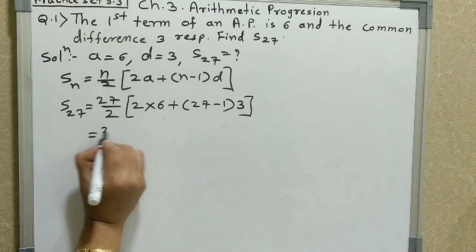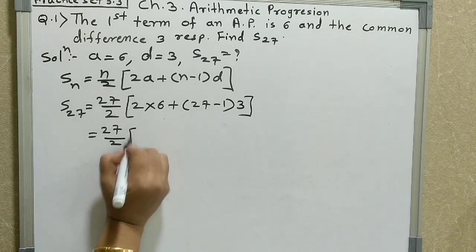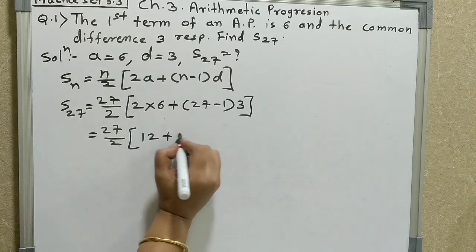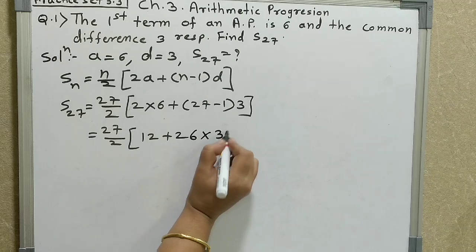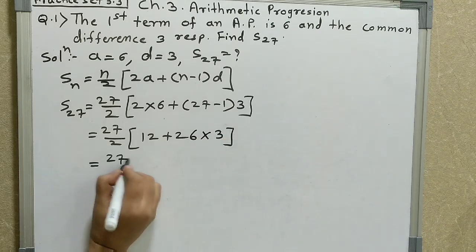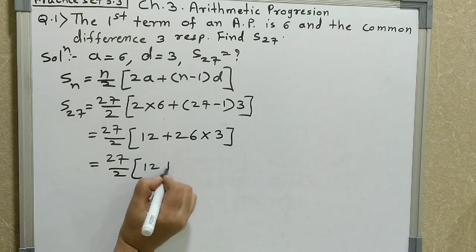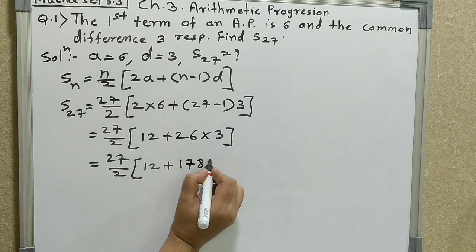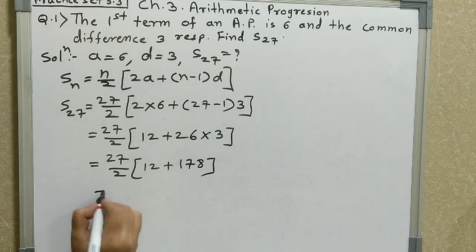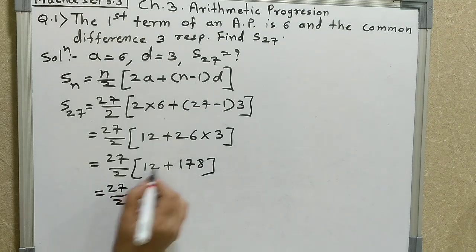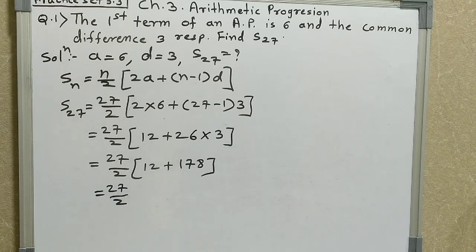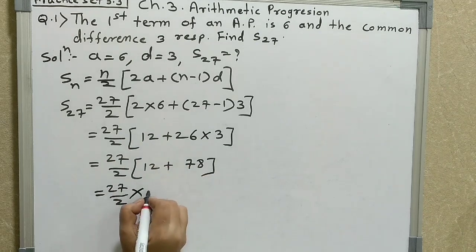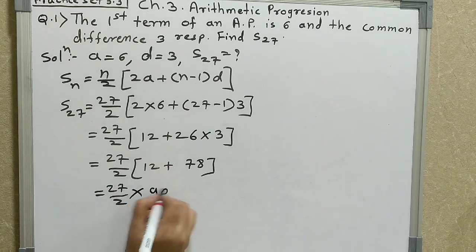So simplify this. 27 upon 2, 6 into 2 is 12. 12 plus (27 minus 1) which is 26 into 3. Now 26 into 3 is 78. So 27 upon 2, add 12 plus 78, which is 90.